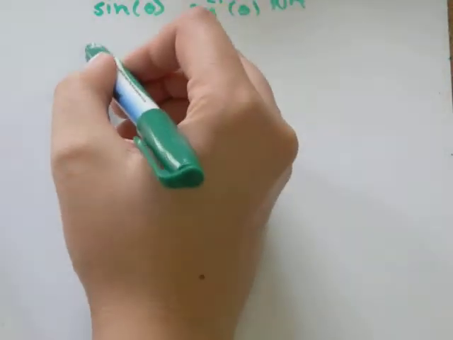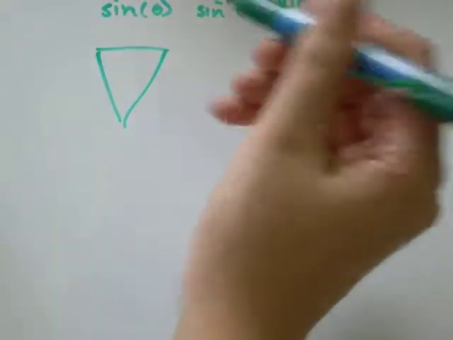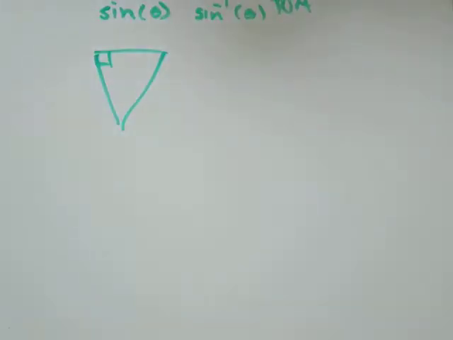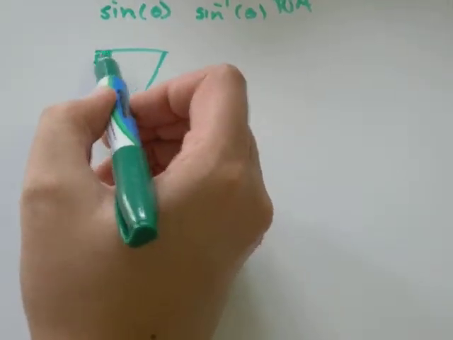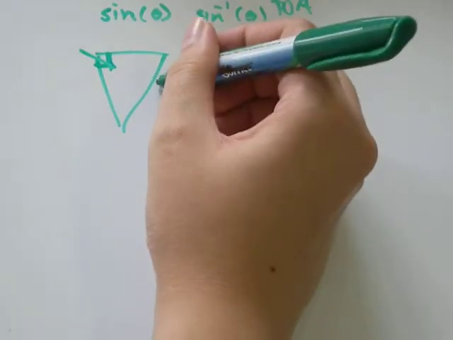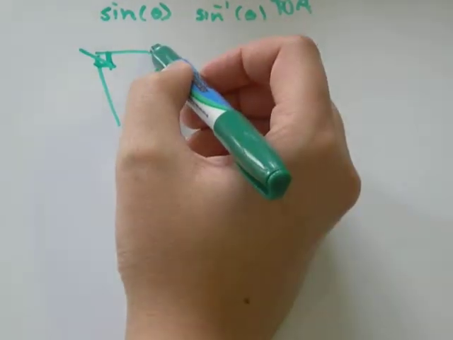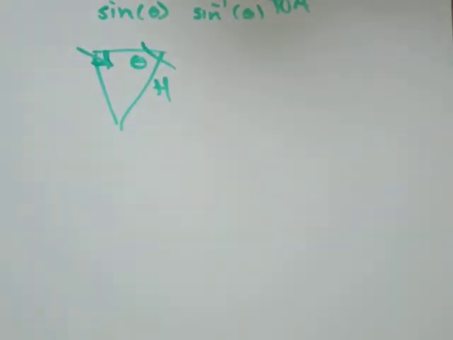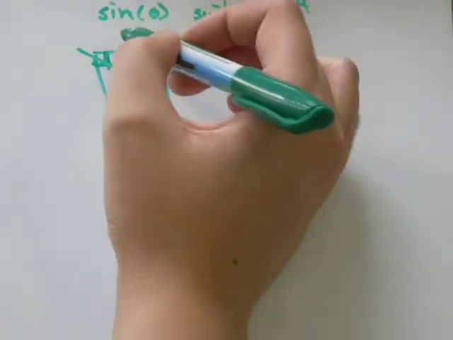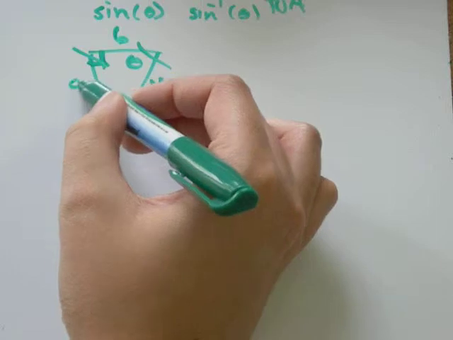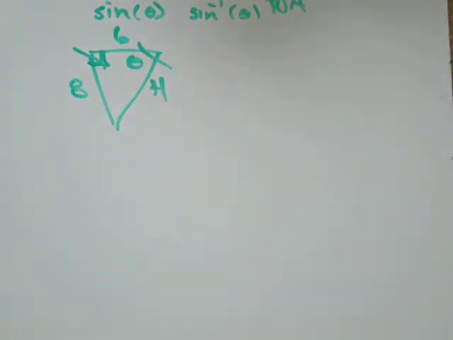So let's say you were given a triangle that looks like this. The 90-degree angle was given to you. Think of it as an arrowhead pointing at the hypotenuse, which would be this side. Let's say I was asking you what that angle is, and I gave you the length of this side as 6, the length of this side as 8, and the length of the hypotenuse as 10.